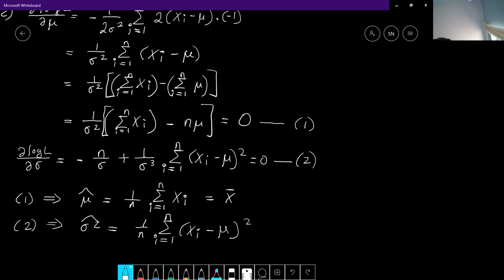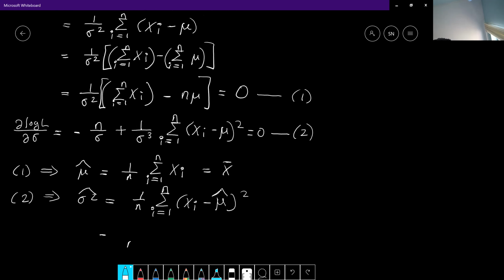Now I'm going to replace mu by mu hat, right? So this will be 1 over n times the sum of xi minus mu hat, and mu hat we already know is x bar.